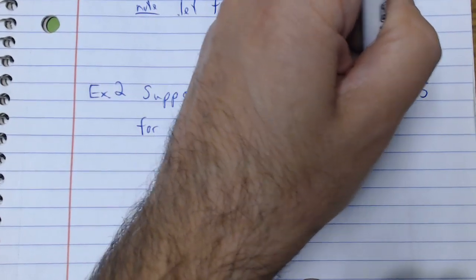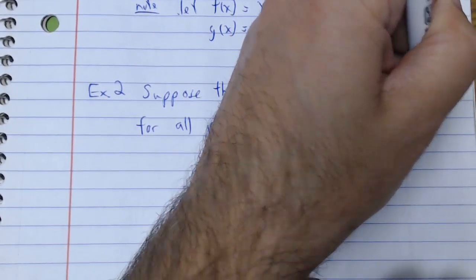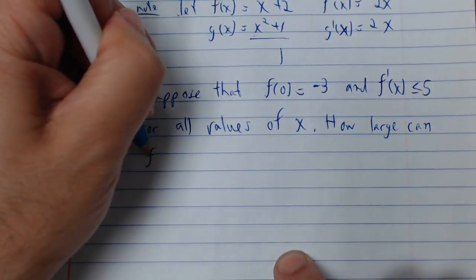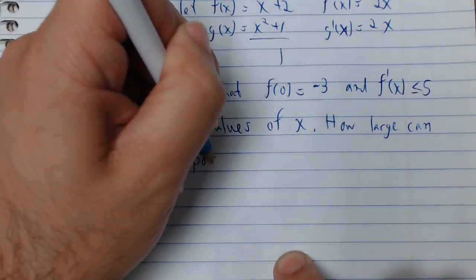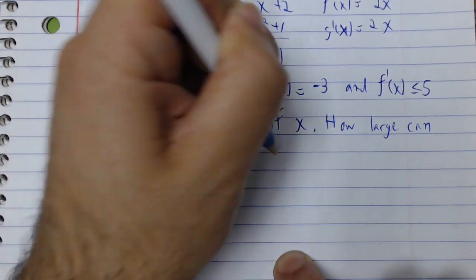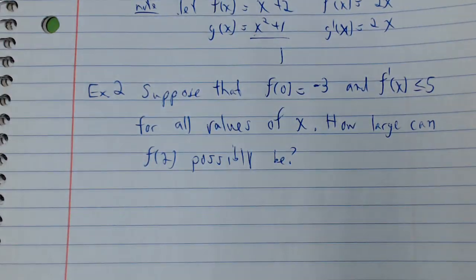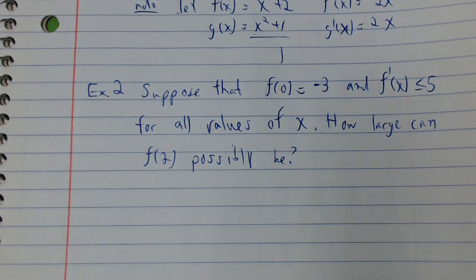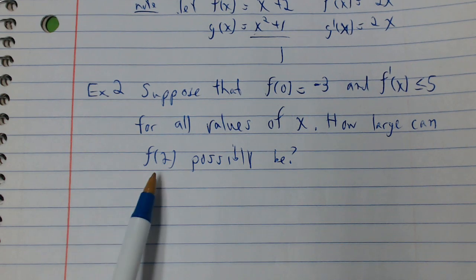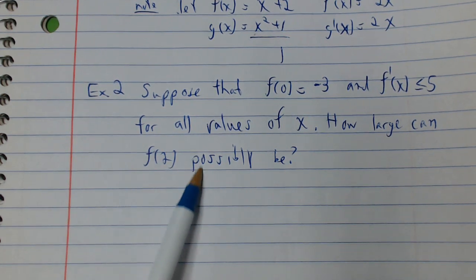How large can f of 2 possibly be? Let's be careful here. Here's what we know. Let's make a few comments here, and then we'll be able to find out what the largest f of 2 can possibly be.